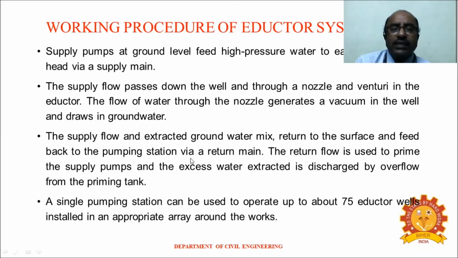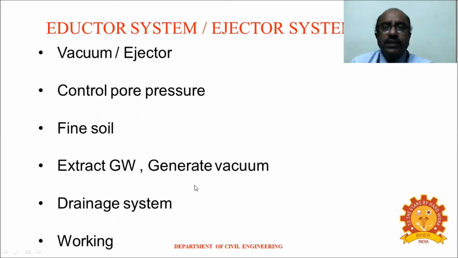Because of the vacuum creation, it extracts the groundwater, and a large amount of yield, or a large amount of water, is discharged. So that is the main advantage. With a single pumping station, we can operate about 75 eductor wells. That is the advantage of this jet ejector system or eductor system.